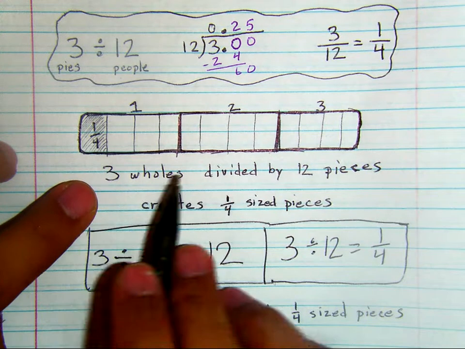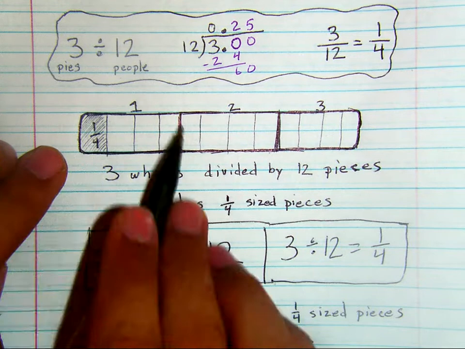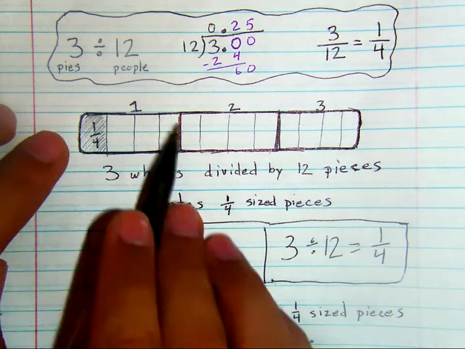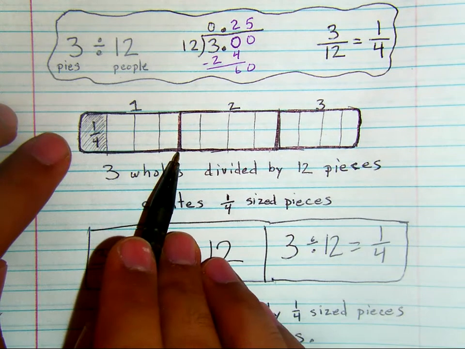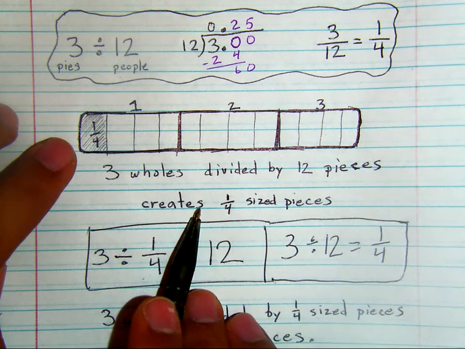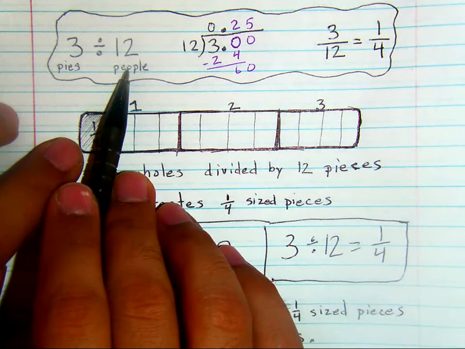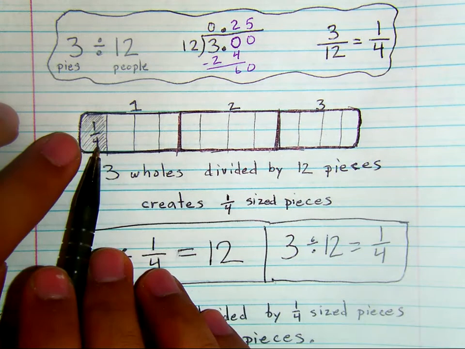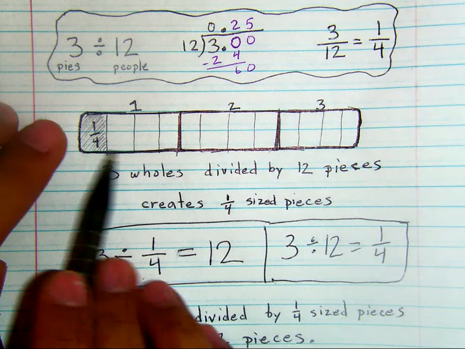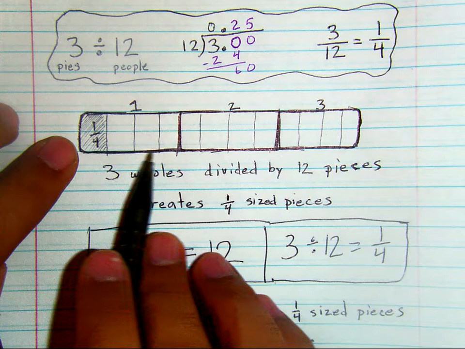Each whole is going to have to be broken into 4 pieces, which means you're creating 1/4 sized pieces. So each of those people is going to get 1/4 of a pie, or whatever it is that you're breaking up into fourths. The concept is not too complicated.